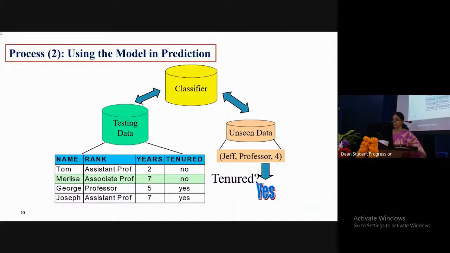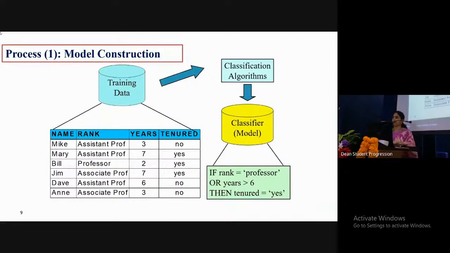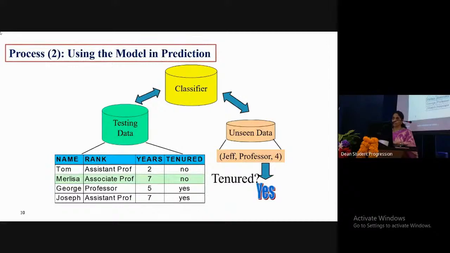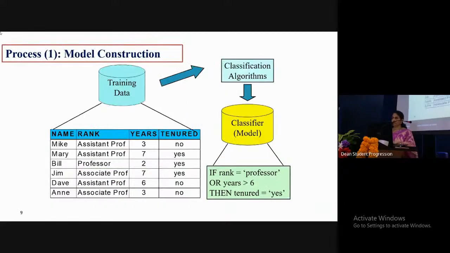Now, suppose in this case, I have four persons' data with me. I just do not give the tenure data. Already you have your model that has come up here. So I try to give my model, suppose the first case for Tom, he's an assistant professor and the number of years of experience is 2. So here none of the conditions is satisfied.